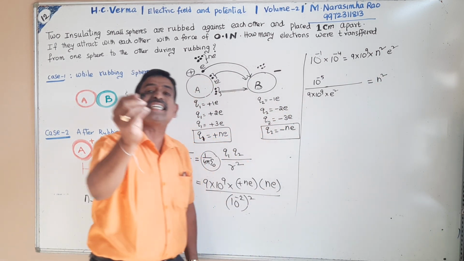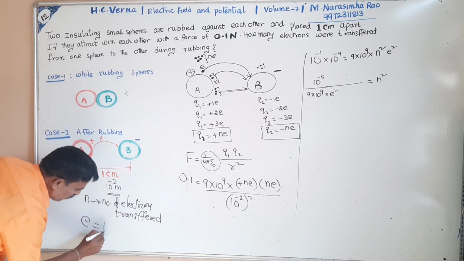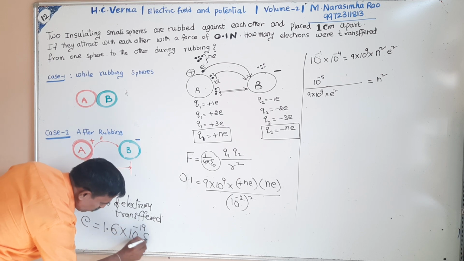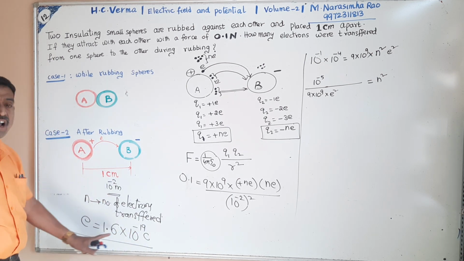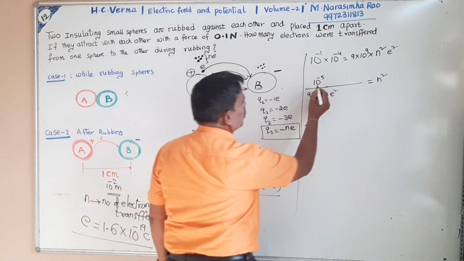e represents the charge of electron. Charge of electron is equal to 1.6 into 10 power minus 19 coulomb. I am taking magnitude.